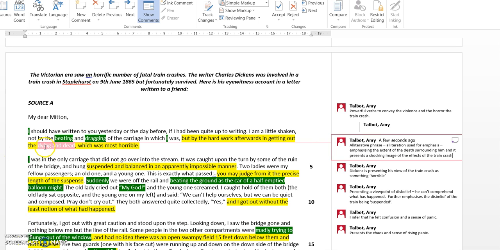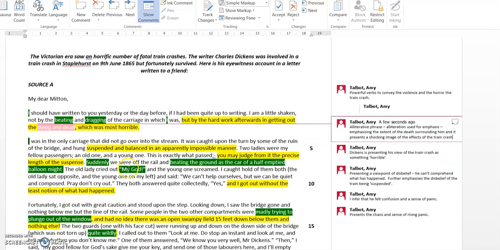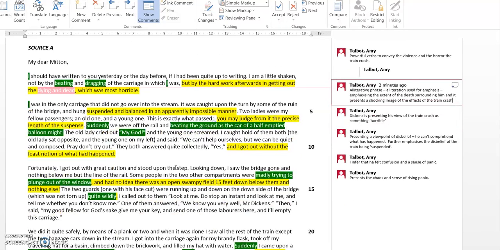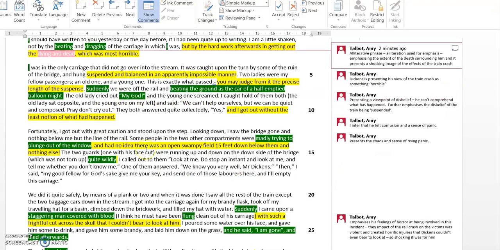Okay, and talking about the dying and the dead, it's that repetition of death in those two words in the concept that emphasises the shock and the image of horror that surrounds him. And he actually says it's most horrible as well. So we've got a bit of analysis going on there, which helps to convey his perspective on the train crash. And the other thing, when you're looking through the text, is to look for words and phrases or techniques that are repeated or have the same effect.